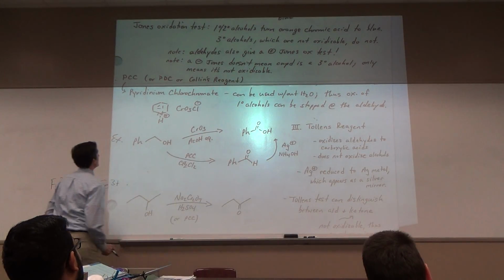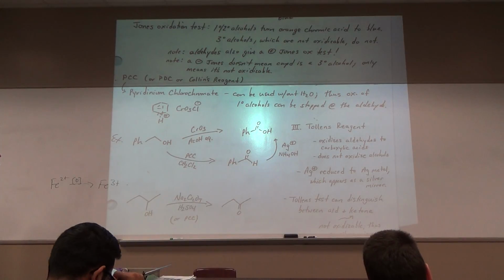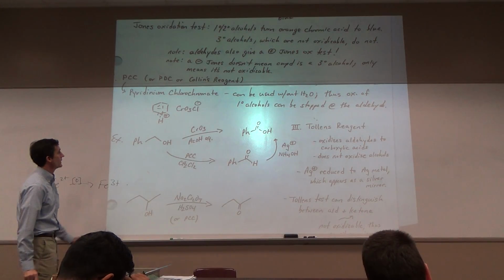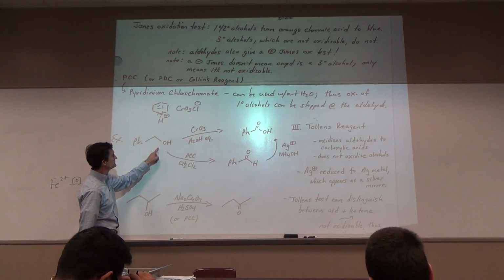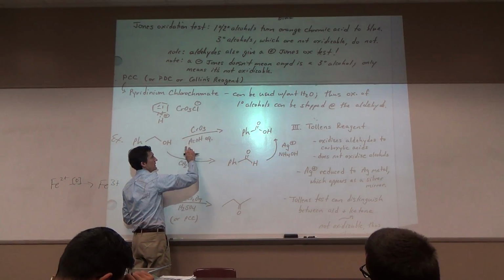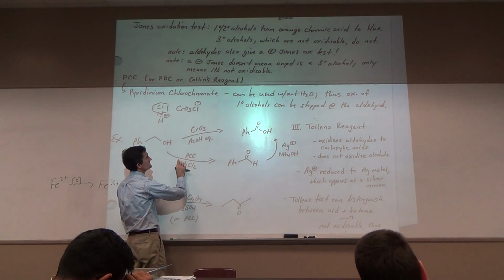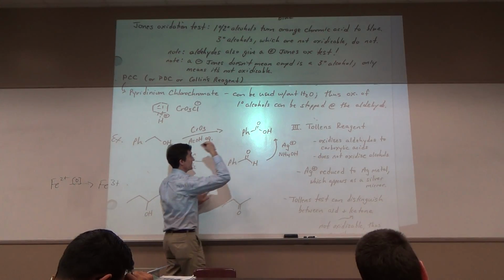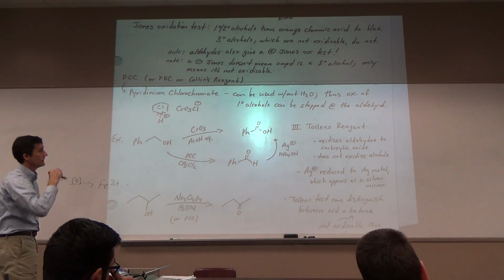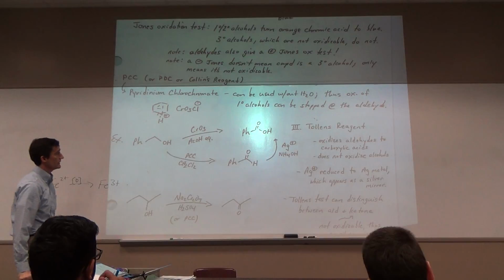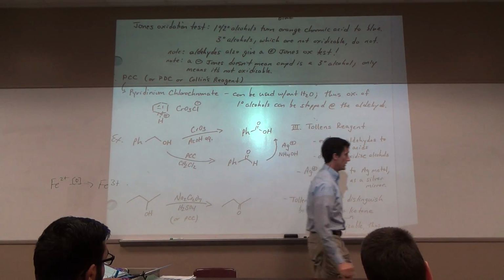Okay, so let's look at an example down below. You take this alcohol, react it with chromium trioxide with some type of acid. We're going to get, wait a minute, carboxylic acid. How in the world do we get that?